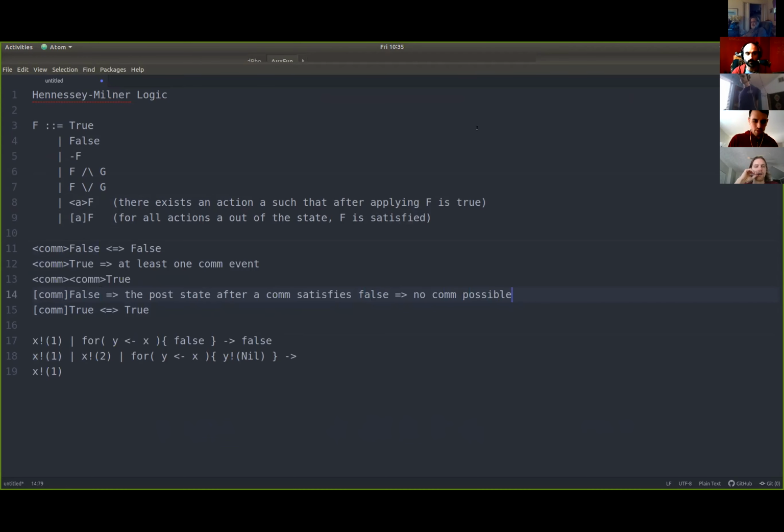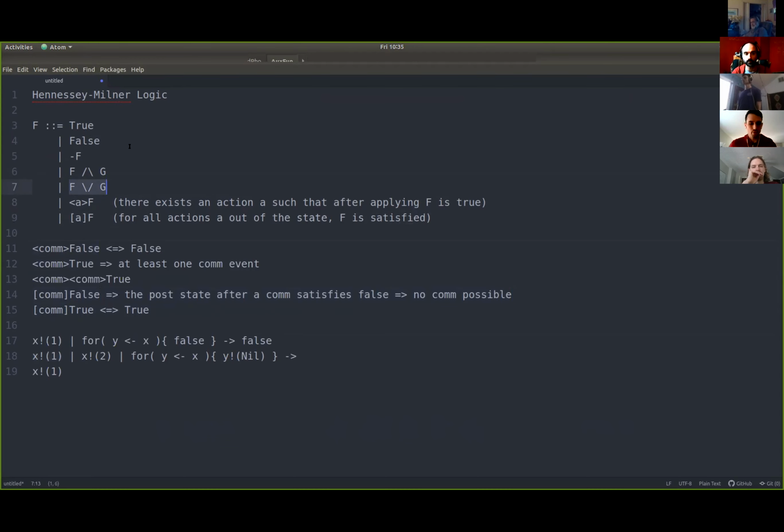Okay, so there are some dualities between these diamond and box modalities, so maybe we should talk about some logical equivalences between them. Essentially it comes down to the relation between and and or being dual. If I write down a grammar that only uses ands and trues and never says anything about false or an or, I can always get to an or by using negation and ands, and the same relationship holds between the diamond and box modality.